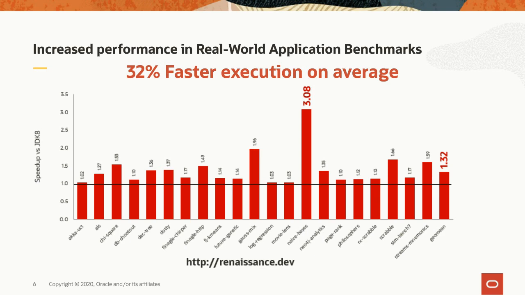We can see that with the GraalVM Enterprise Edition, you can get approximately, on average, 32% faster execution. So that is a peak performance metric, right? When everything is warmed up, when your application has run for some time, it can go faster. And you should absolutely, definitely check that out.